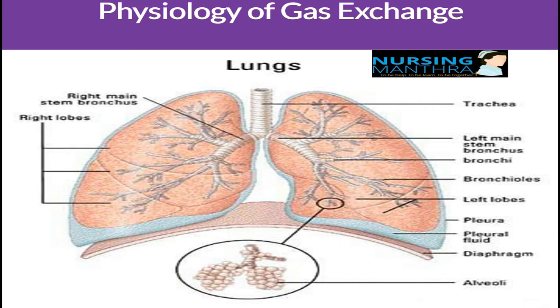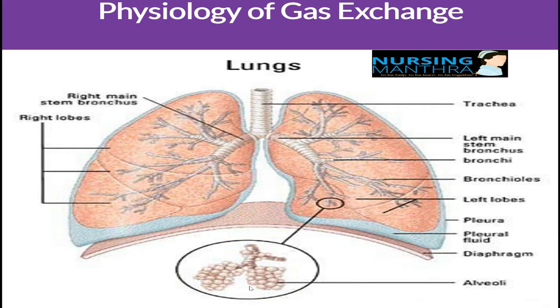Acinus is the term used to indicate all structures distal to the terminal bronchioles. Alveolar ducts branch from the respiratory bronchioles. The alveolar sac, which arises from the duct, contains clusters of alveoli, which are the basic units of gas exchange.